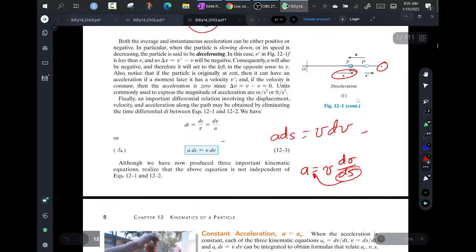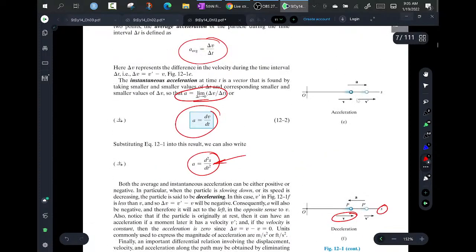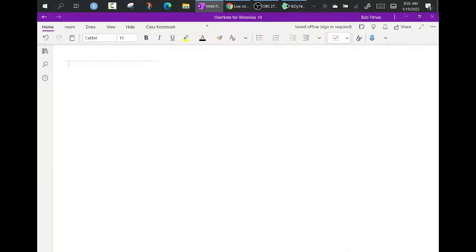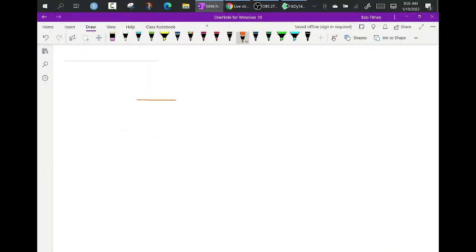So this is an interesting relationship in which you have velocity as a function of position instead of velocity as a function of time. We talked about that in class and gave a particular case, and I'll go ahead and fill that in for people who were not there. And that is, let's say you had water flowing through a pipe.